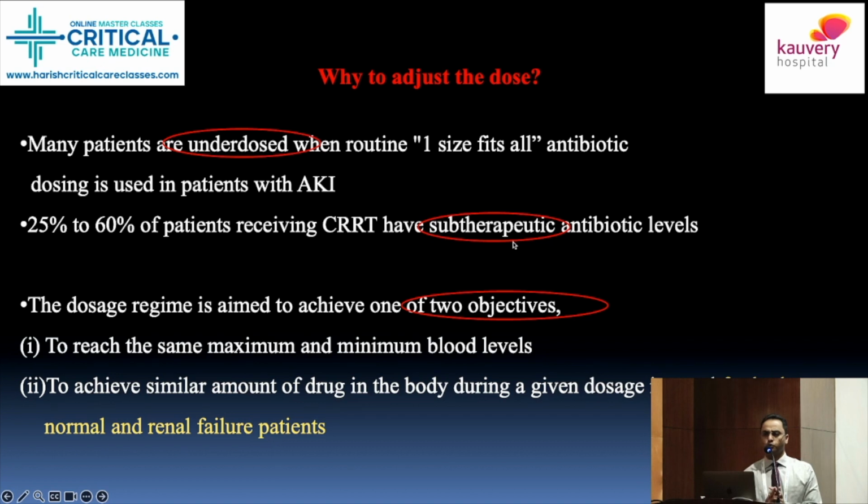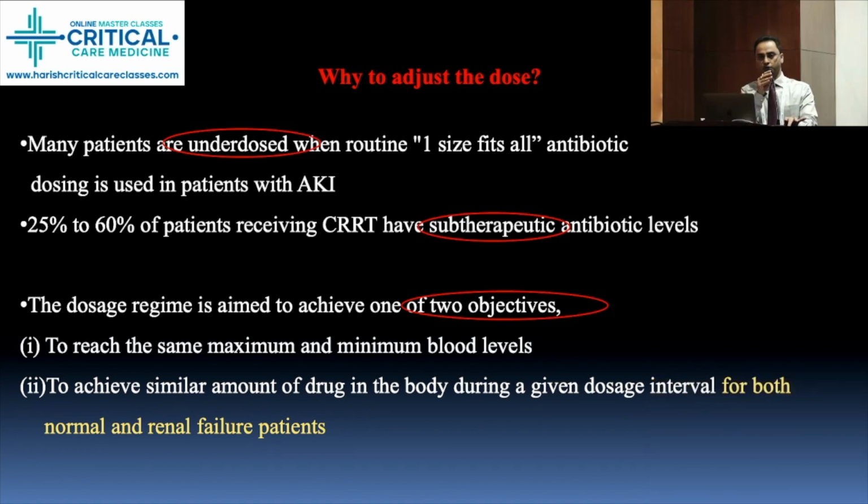So there are lots of pros and cons at the bedside. We'll discuss, okay, lots of arguments will happen about how to dose when a patient is on CRRT and all. That finally ends up in significantly subtherapeutic dosage. Obviously when we have a subtherapeutic dosage, efficacy will be compromised and it will add to the origin of more and more drug resistant organisms and all.